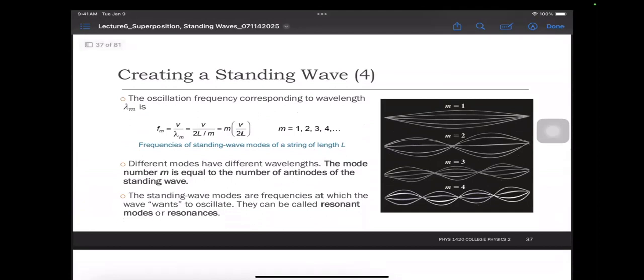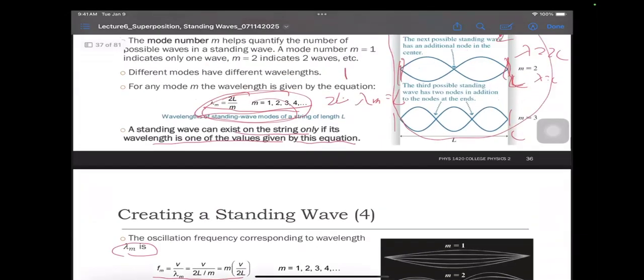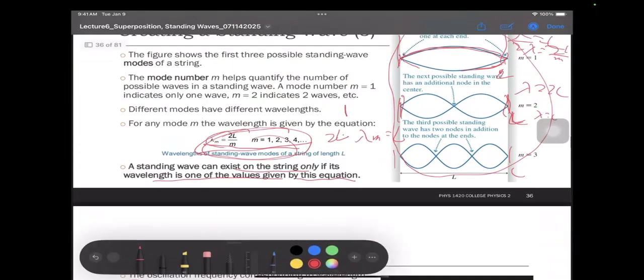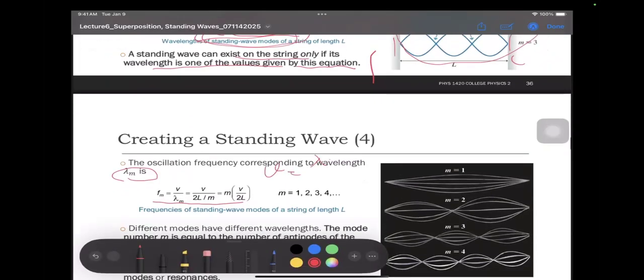The oscillation frequency corresponding to wavelength lambda_m is this one. Because here we know lambda_m equals 2L divided by m, and we also know v equals lambda_m times f, am I right?